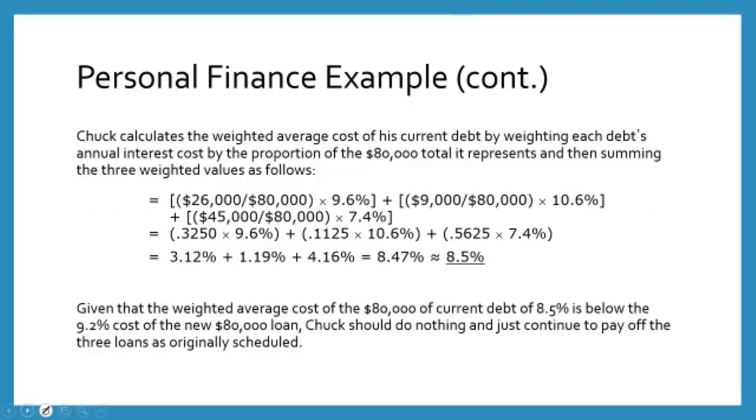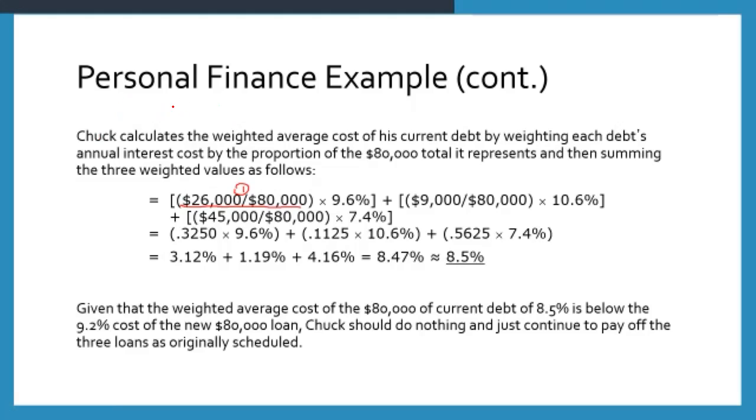Chuck calculates the weighted average cost of his current debt by weighting each debt's annual interest rate by its portion of the 80,000 total, and then summing the three. For the first debt, it's 26 over 80, which is the total.